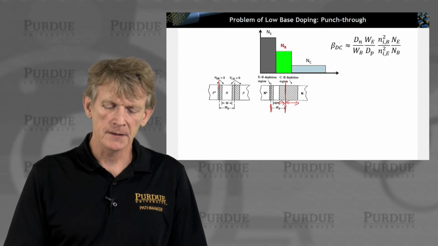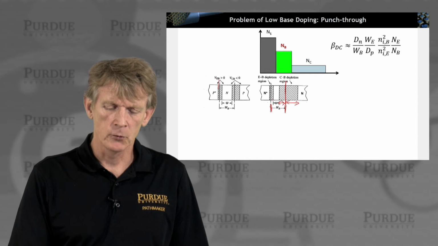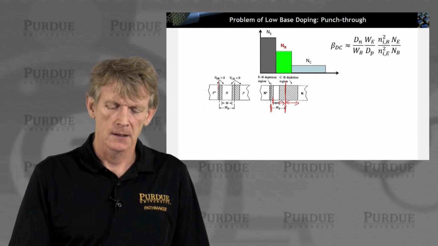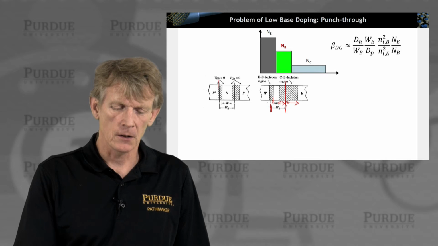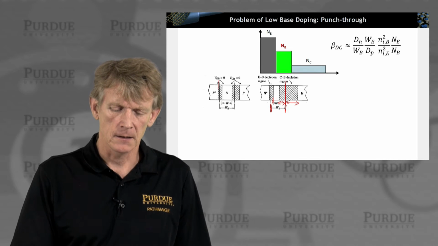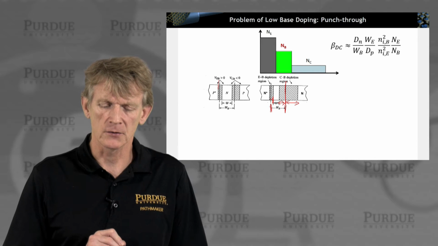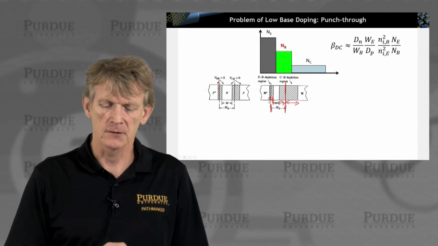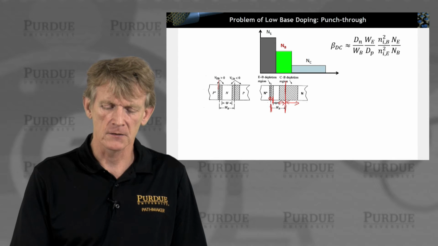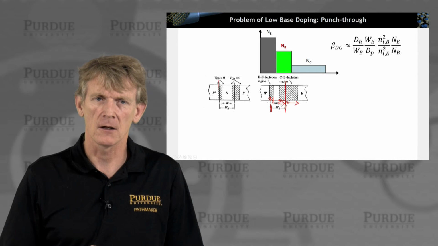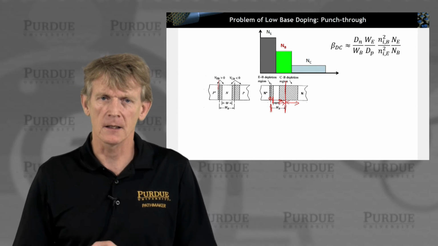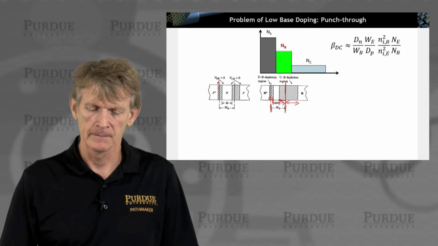And in forward bias, if I deem this to be all zero bias, I move this in forward bias and make it slightly smaller. So this marches this way as a function of forward bias, but this marches in as a function of reverse bias, of cranking up the voltage on the collector side.